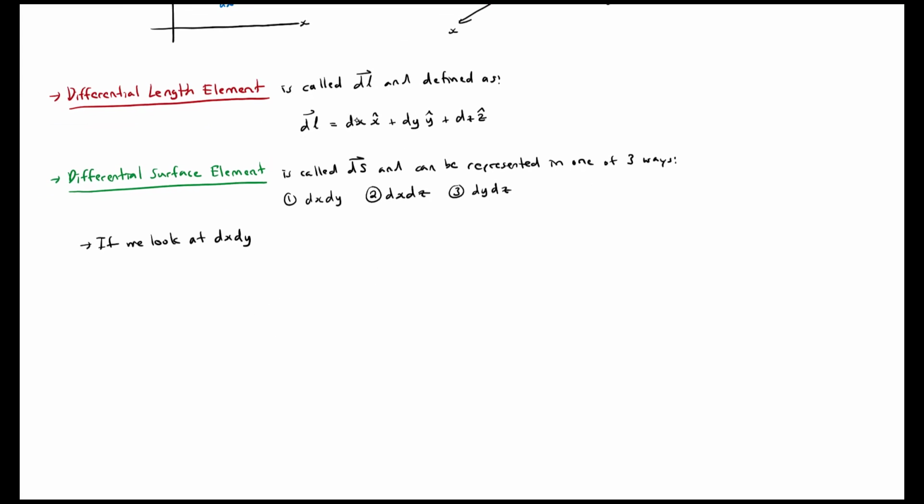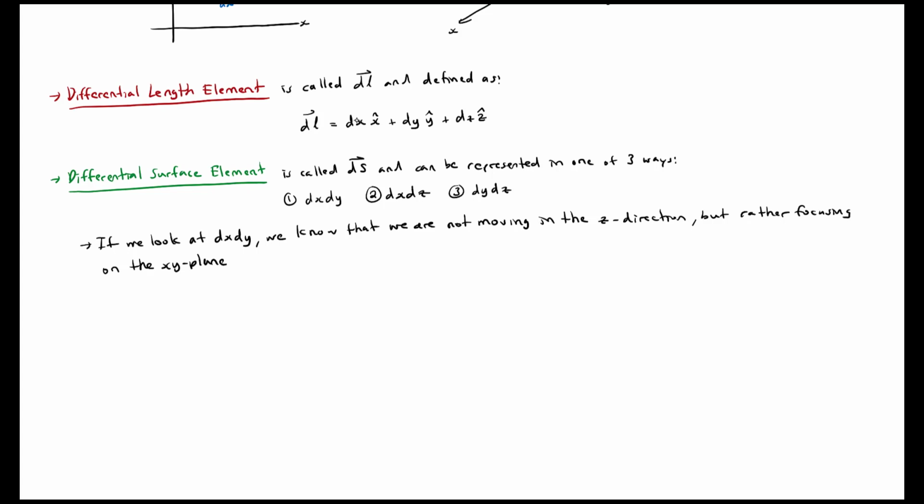So looking at dx, dy, we know that we are not moving in the z direction, but rather focusing on the xy plane. Although we haven't touched the cross product yet, it's useful here to define the surface element ds as a vector ds.